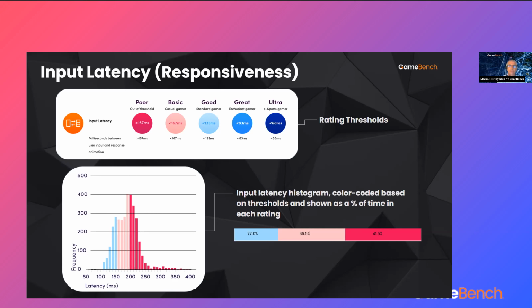So what we do is we bin each sample into one of our ratings that we've listed here. We have poor to ultra as our input latency ratings, and for each of those we have some thresholds that we group the input latencies into.